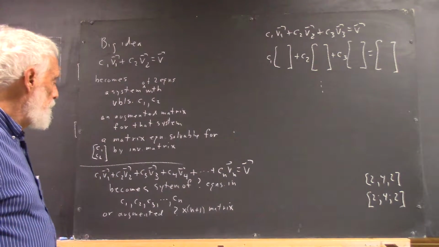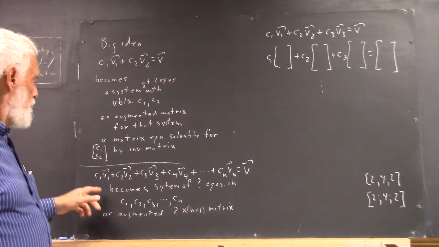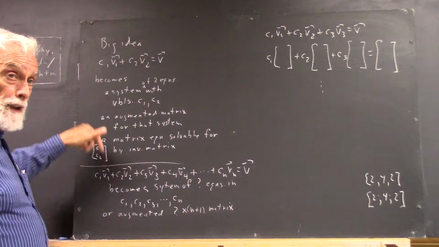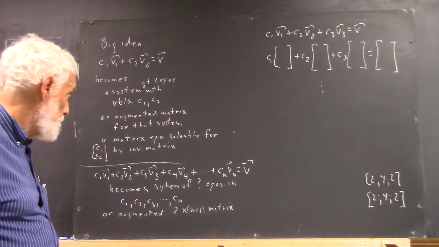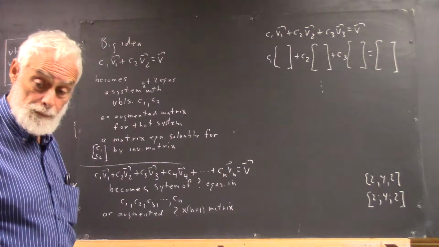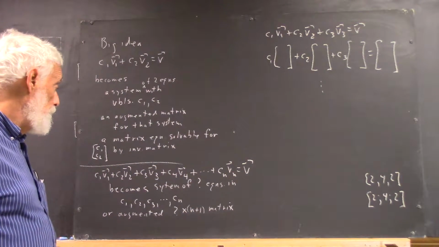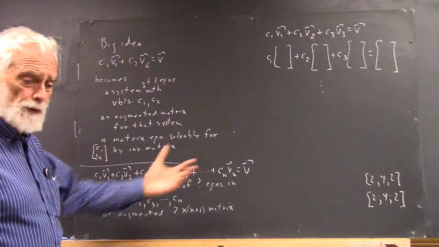Okay, so how many equations do you get? Well, if these vectors each had 10 numbers, meaning those vectors would be of dimension 10, and there were 17 of them, then you would have more vectors than you have equations.